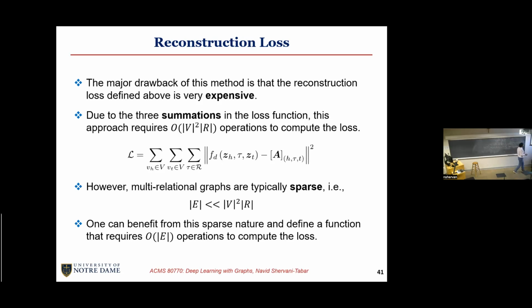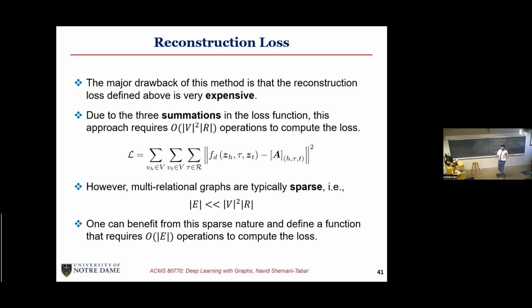So what this means is that this would be necessary when you have every type of relation between every entity out there in our graph. But that's usually not the case, and our graphs are usually sparse. So this adjacency tensor A is usually sparse. So many of the operations that we have are just waste of time.